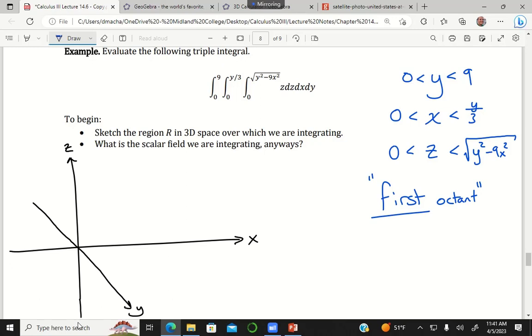I say octant because, in the xy plane we had quadrants, the first, second, third, fourth quadrant that we labeled counterclockwise. In three-dimensional coordinates, these planes create 8 different regions of 3D space about the origin. I don't know how you number the rest of the octants, 1 through 8, but I do know that the first octant has all positive values of x, y, and z.